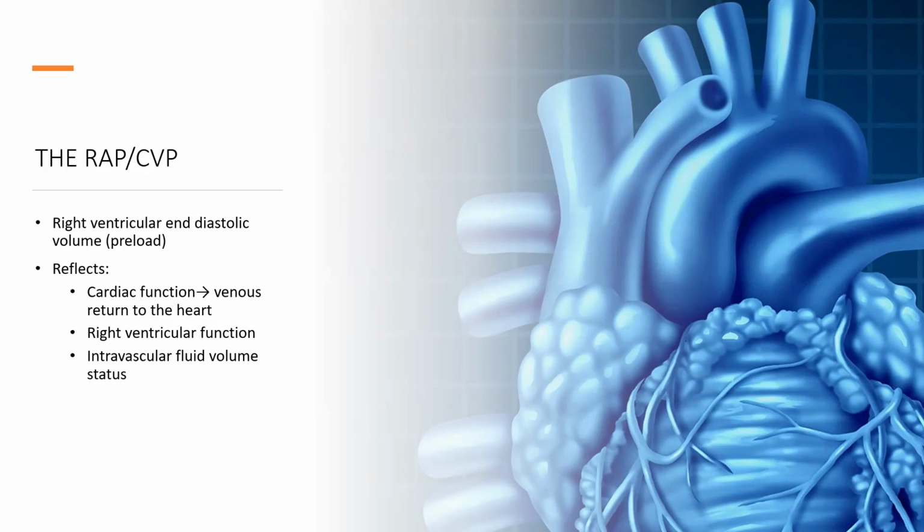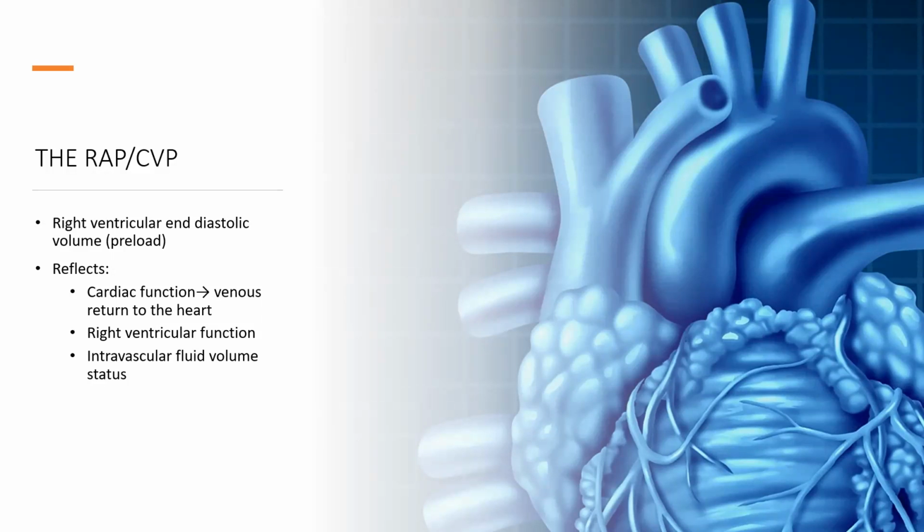Okay. So the CVP or right atrial pressure represents right-sided heart preload, as I told you, which is the volume of blood found in the right ventricle at the end of diastole. So CVP is influenced by venous return and cardiac function.